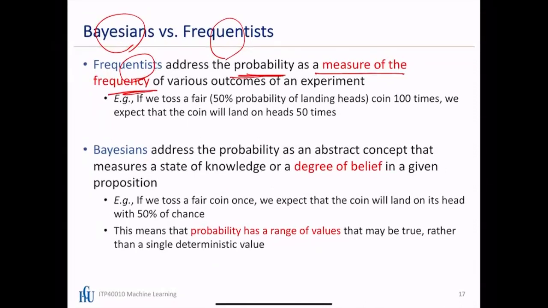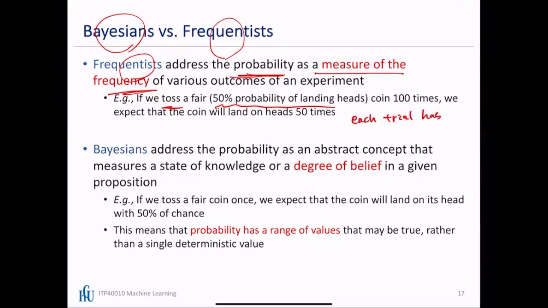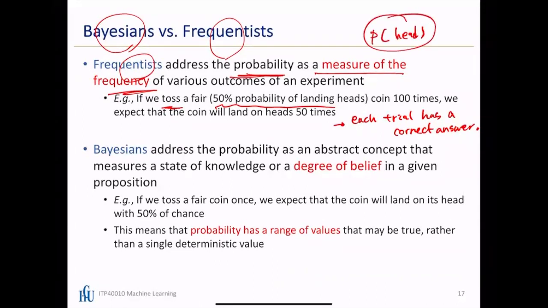So we're considering a coin with some fixed probability, where we are not considering one case of coin tossing. Instead, we want to observe multiple different cases, and each of those trials has a correct answer. This is an assumption that frequentists have. Frequentists use probability in terms of analyzing or summarizing the observation.